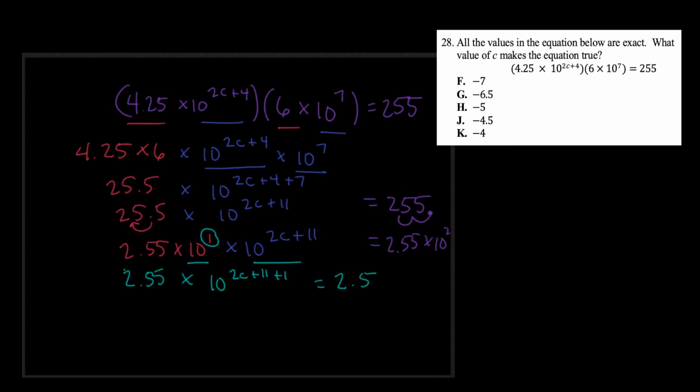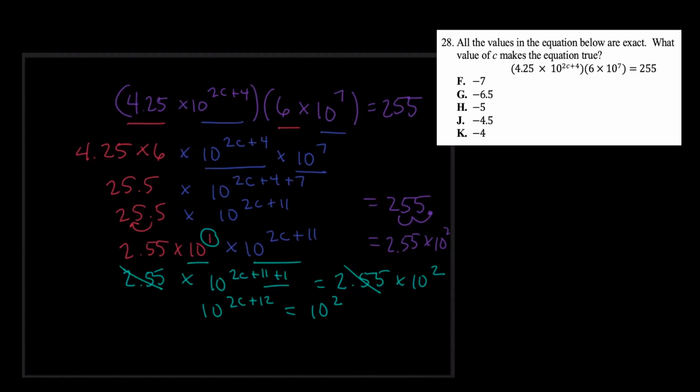And then on the right-hand side, I'm just going to rewrite it here. And we'll make this a 12 in a second. But as you can see, there's a 2.55 on both sides. Those are going to cancel. And what you're left with is 10 raised to the 2c plus 12 on the left, and 10 squared on the right.